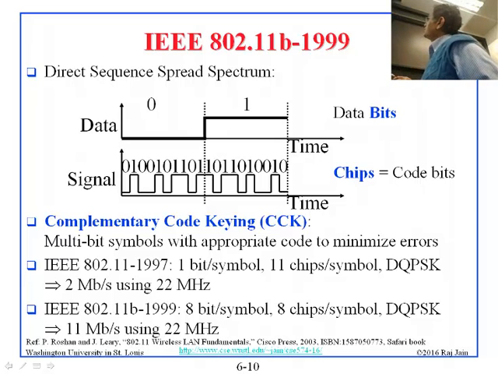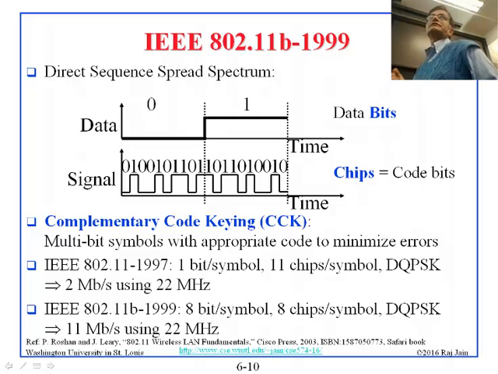And then we use differential QPSK. So QPSK gives you 2 bits per hertz, so you get about 2 megabits using 22 megahertz. How do you get 2 megabits? Because with 22 megahertz, you get about 2 chips per hertz.